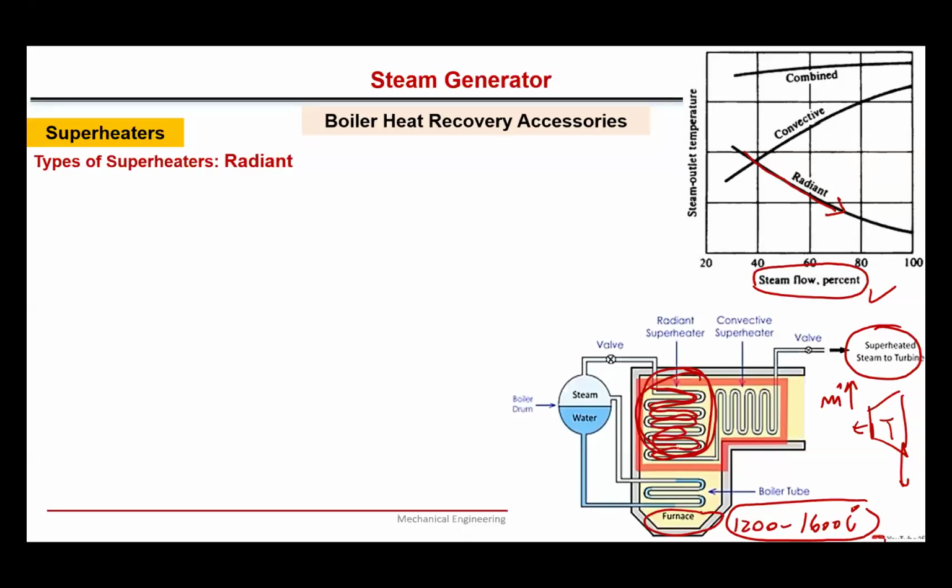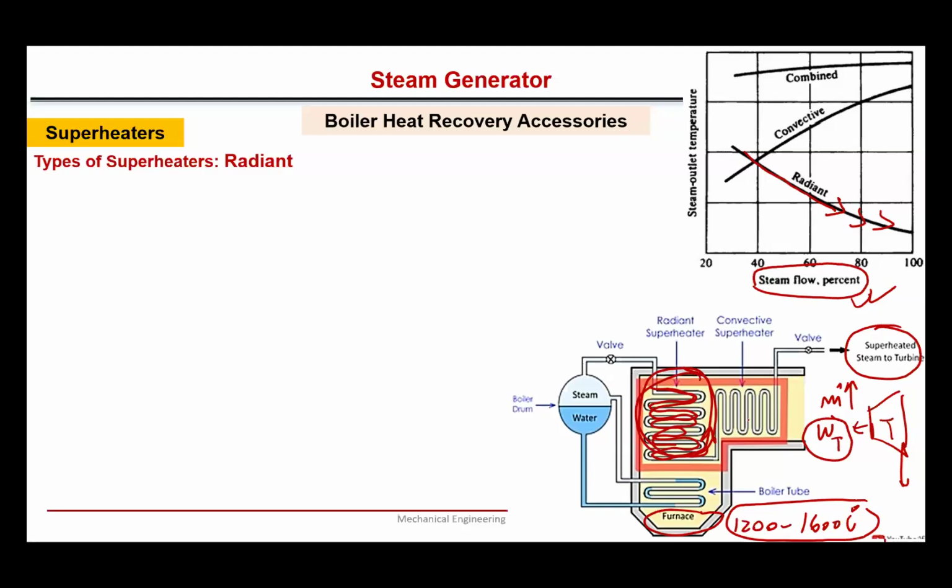So steam exit temperature drops, because now steam is moving at a higher rate, so less time is available for proper heat transfer. So radiation heat transfer with high steam flow rate will start to drop as the steam flow rate is increasing, depending upon the capacity of that power plant.